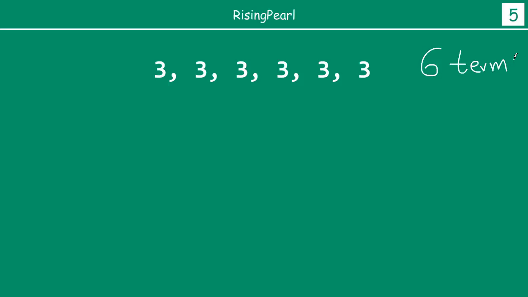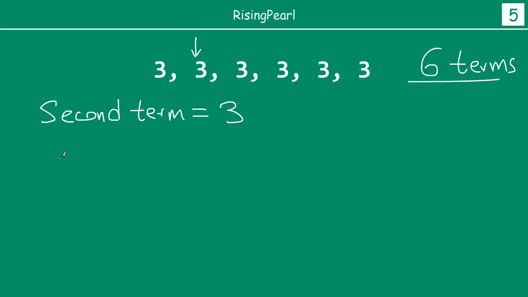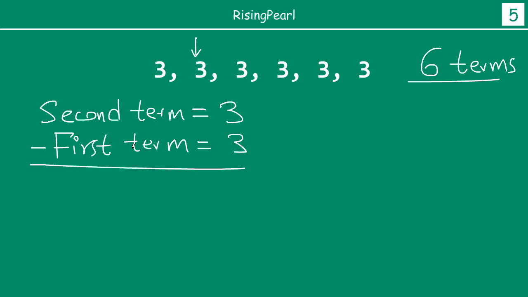Let's take a look at our second term, which is 3. Our first term is 3 again. If we subtract the first from the second, 3 minus 3 is 0.